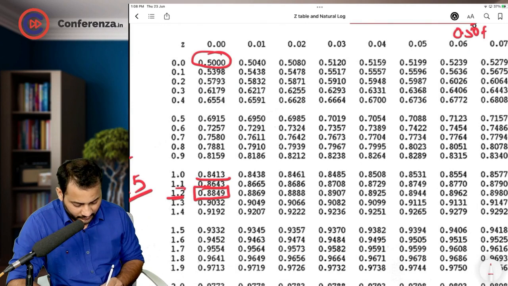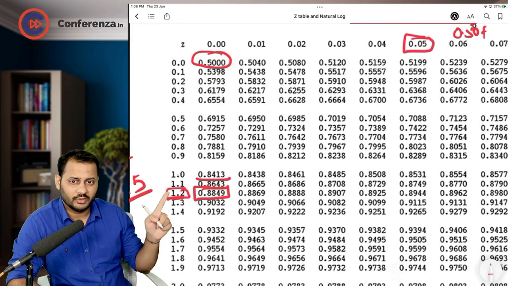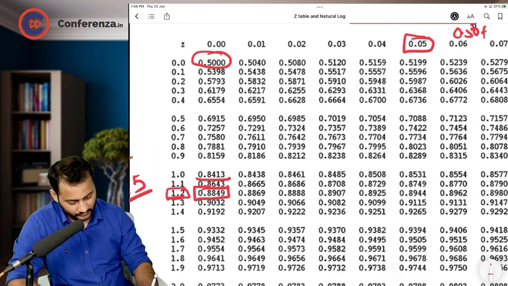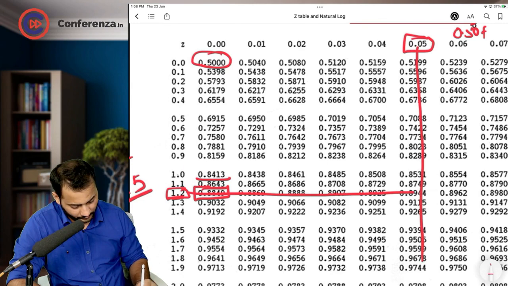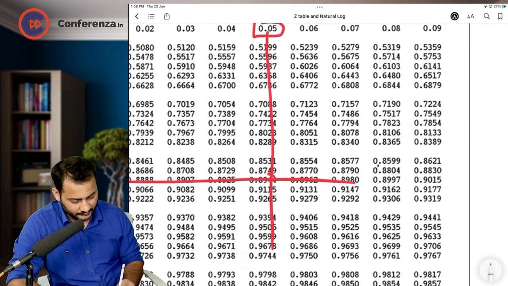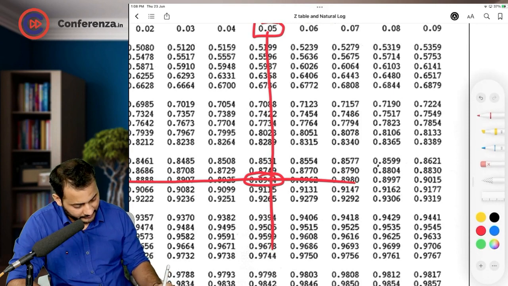We will find 1.2 here, and we will find 0.05 here, 1.25. So 1.2 here, 1.2 here. You will see this is the value. I will just remove it so that we can have a clear picture.